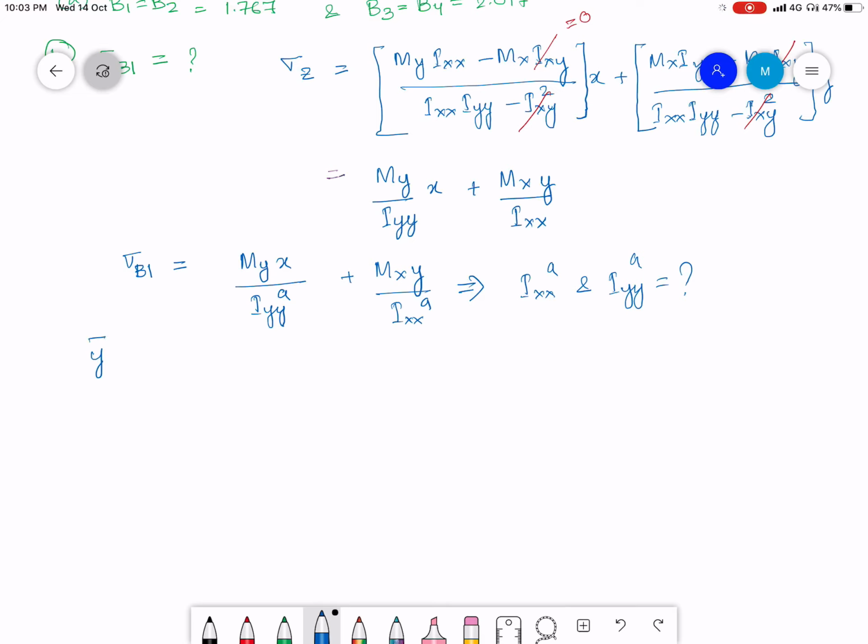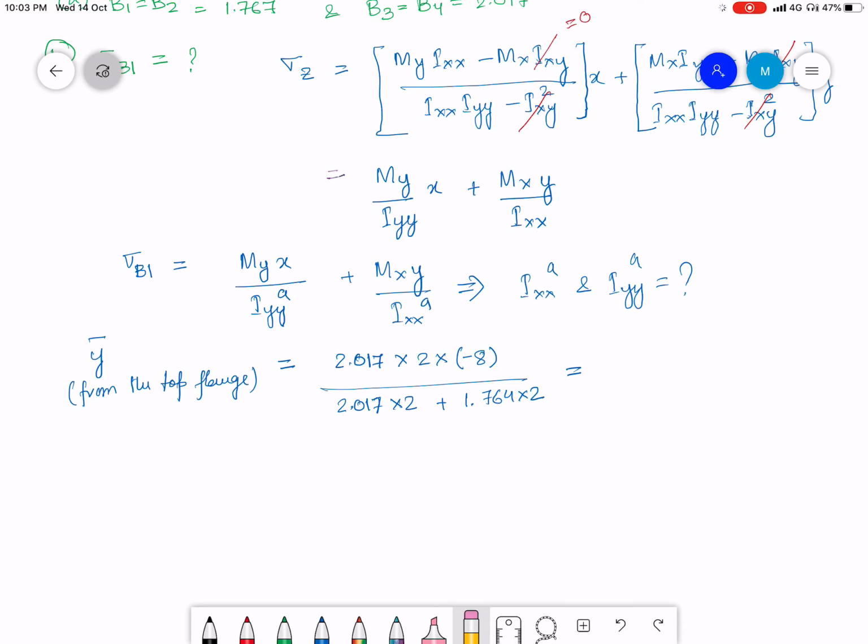So y bar from the top flange is going to be 2.017 into 2 into minus 8 whole square by the total area, which is going to be minus 4.26 mm.